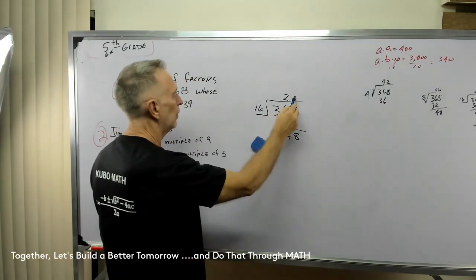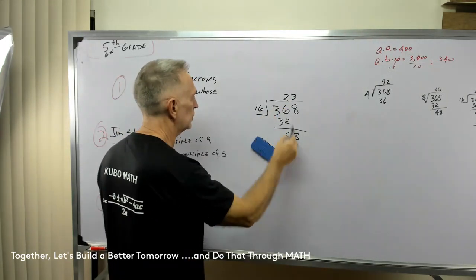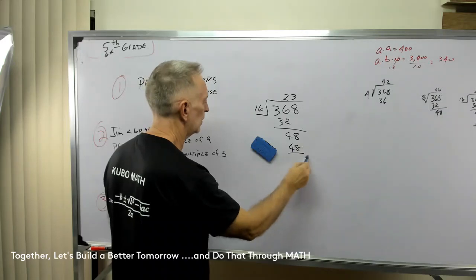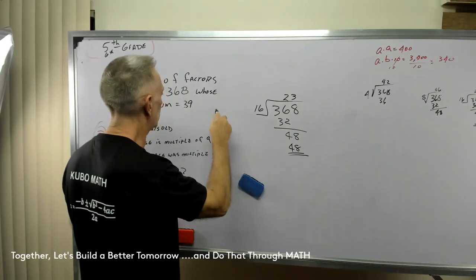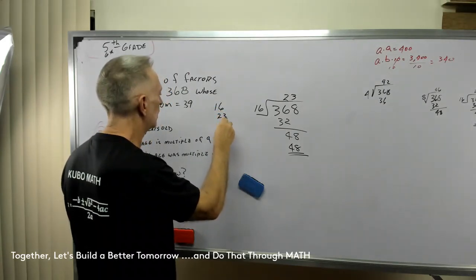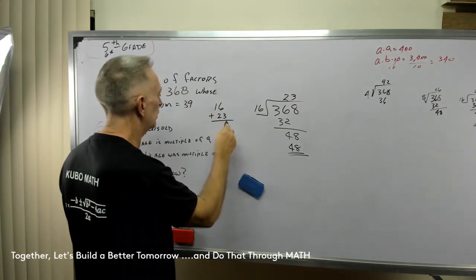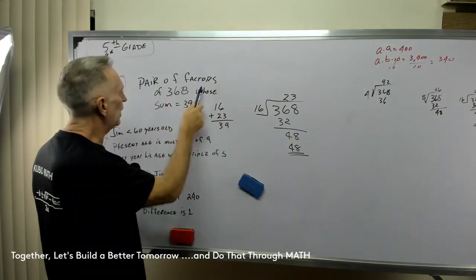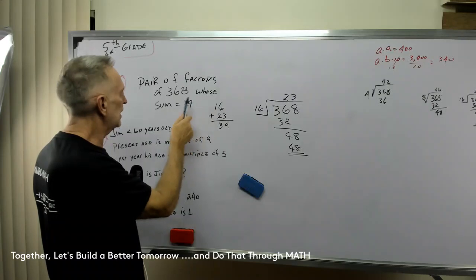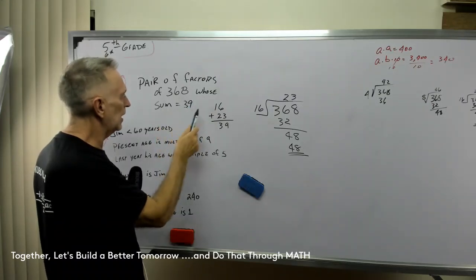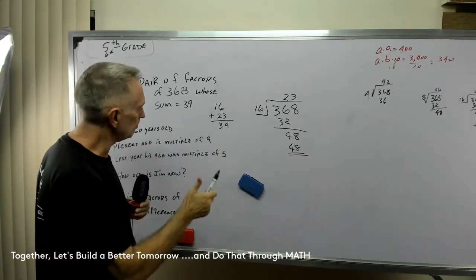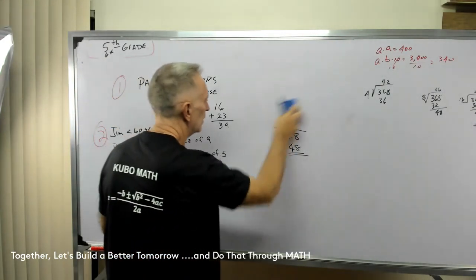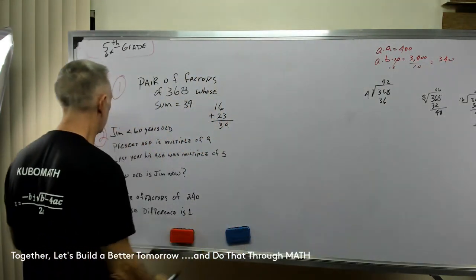This is it. 3 times 16 is 48, no remainder. And now 16 plus 23: 3 plus 6 is 9, 2 plus 1 is 3. So the pair of factors of 368 whose sum is 39 is 16 and 23. So that's how you would solve that one.